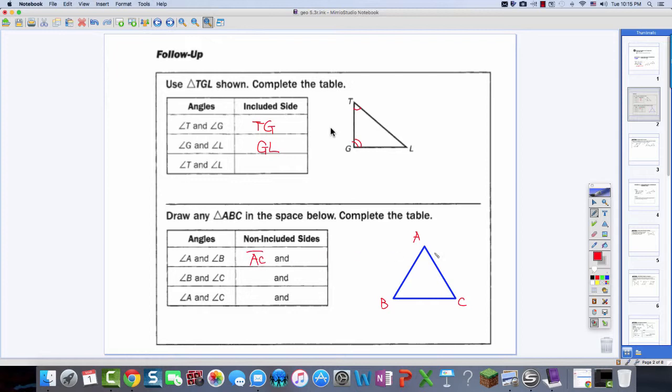The non-included sides would be AC and BC, because I'm talking about angle A and angle B. The sandwiched side is this side; the other two are not part of the sandwich. For angle B and C, the non-included sides would be AB and AC. And you finish the last one here.